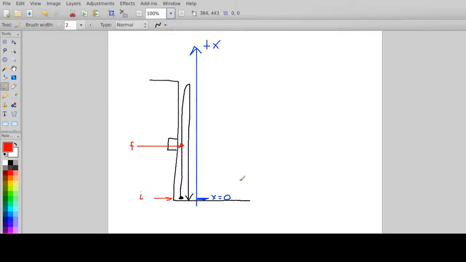Now you can read off the quantities from this graph. Initially, what's its initial position? Its initial position is 0, because it's at ground level. So x naught means initial position, and here that is basically 0. The final position, we give it the symbol x, but we don't know how high that is, and that's in fact what we want to find.